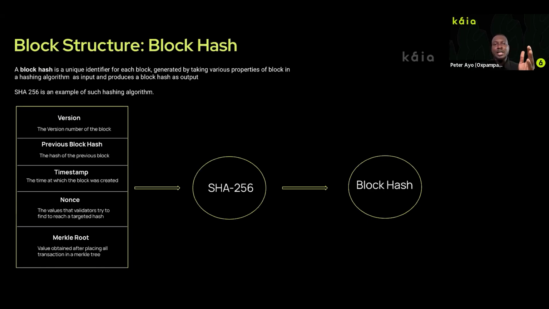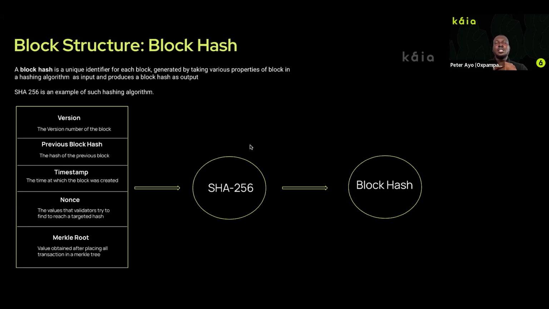So what is a block hash? I mentioned that the blockchain is first a shared and immutable distributed ledger, right? And each block, which is a list of various transactions and a fundamental unit of the blockchain, contains the cryptographic hash of the previous block.